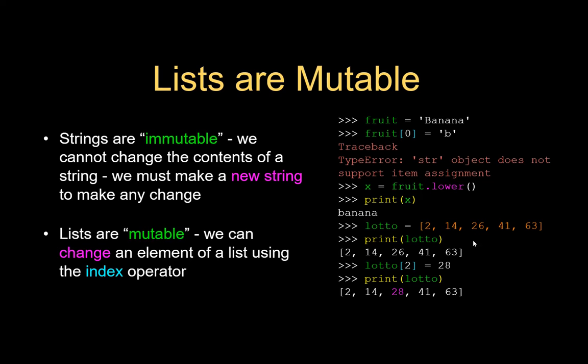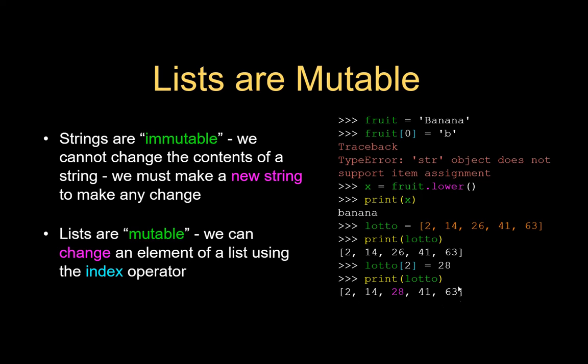On the other hand, let's talk about the list that we have here. And the list that we have here has some values: 2, 14, 26, 41, 63. When we print it, we get that as it is. We can use the index operator. So lotto square bracket 2 means the value at the position 2. This is position 0, 1, 2, which is 26.